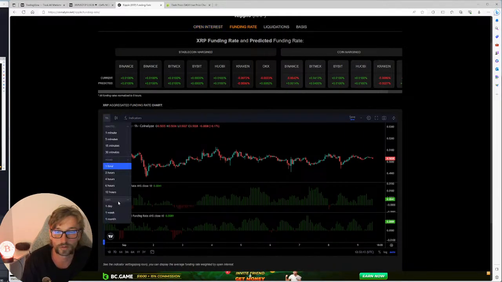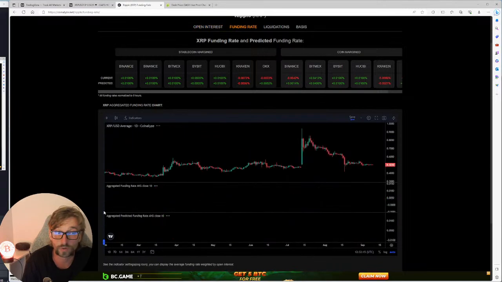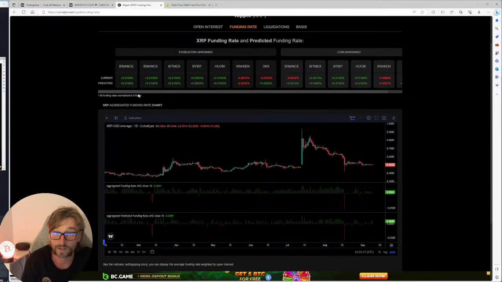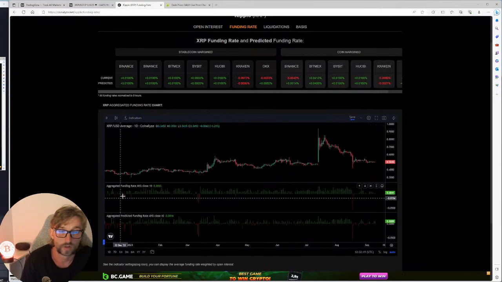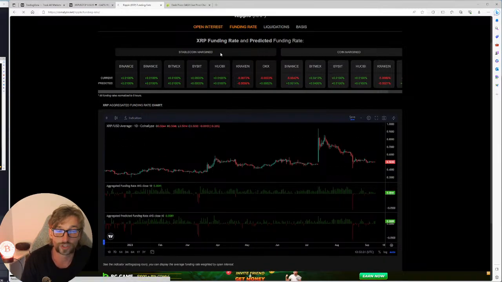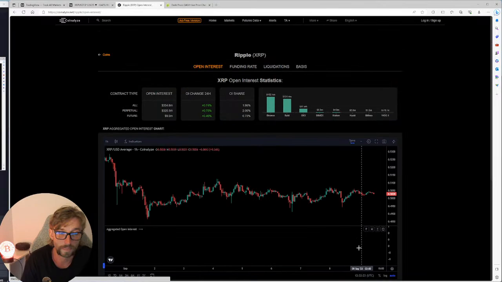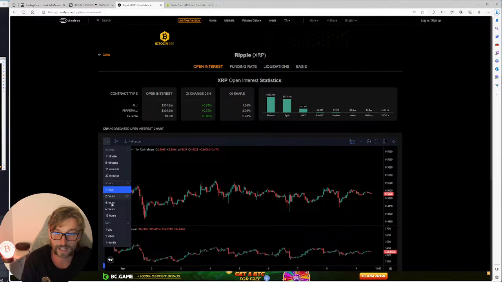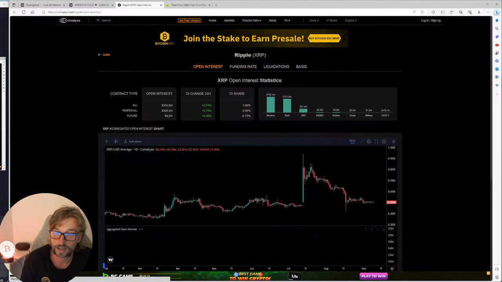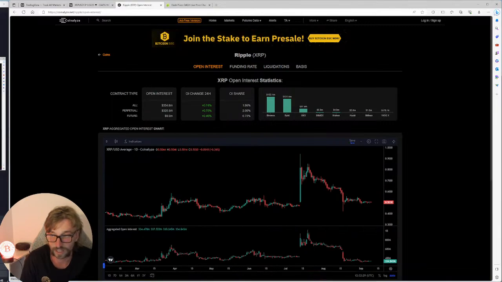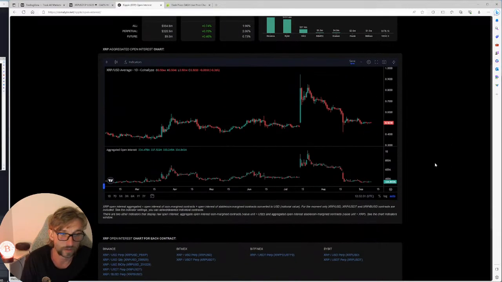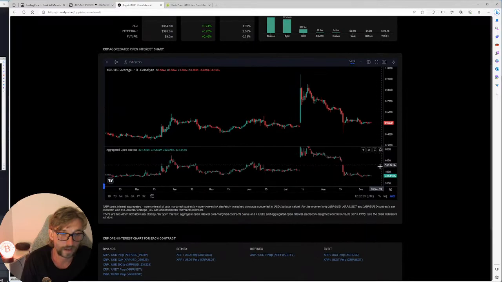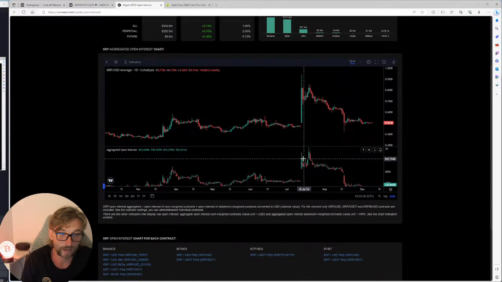Zoom out a bit. More people are aggressively long on Ripple still, but not that many of them, because the open interest is low. So when the open interest is high and the funding rate is green, you use those together. Multiply open interest by funding rate, and that means there's a lot of people long.